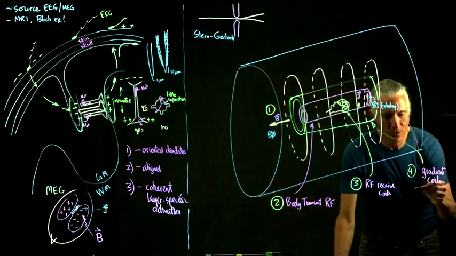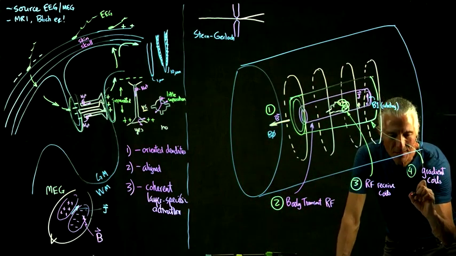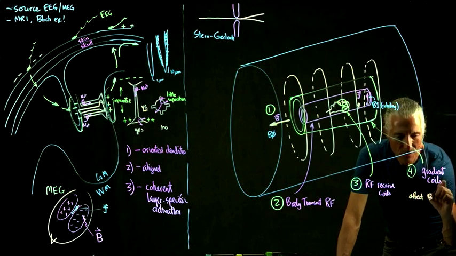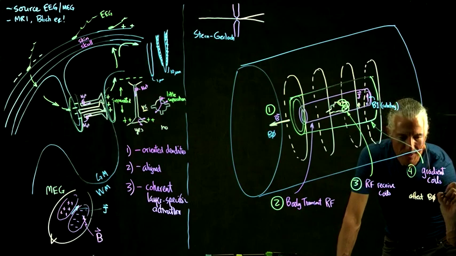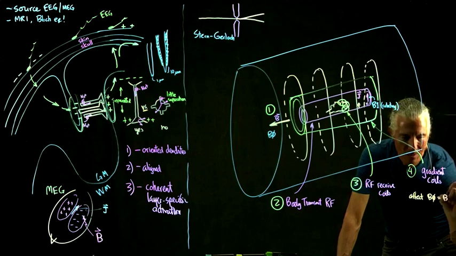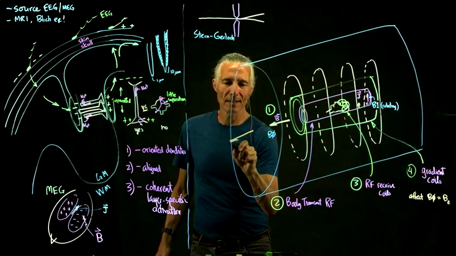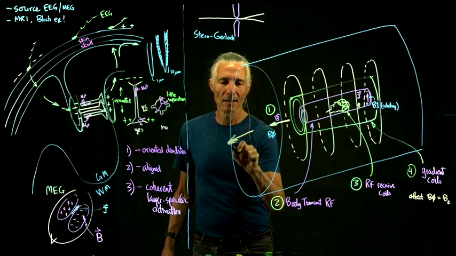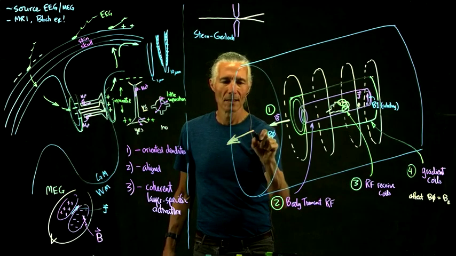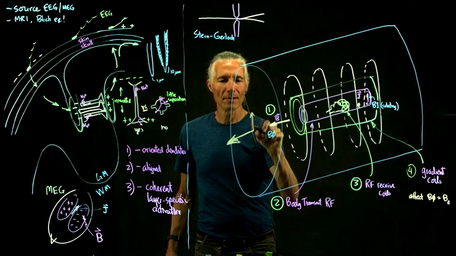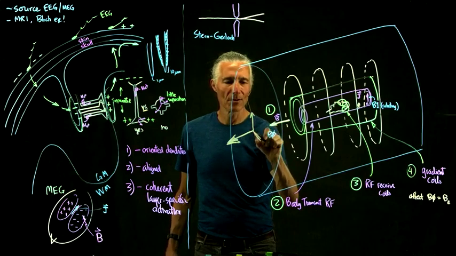And so what you can do is affect the B0 field. And what is the B0 field? The B0 field equals the BZ field, because here's our coordinate system, so that's the Z direction. And this guy is the Y direction, and this guy coming out at you.